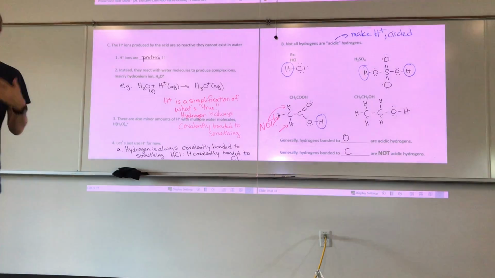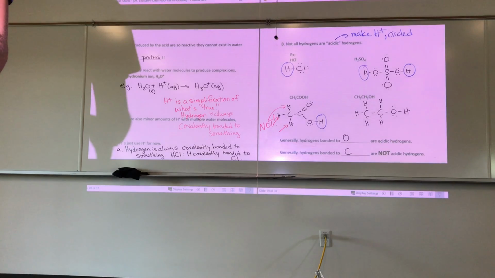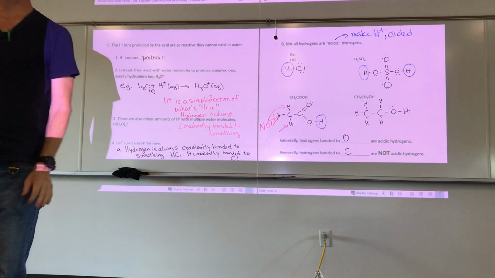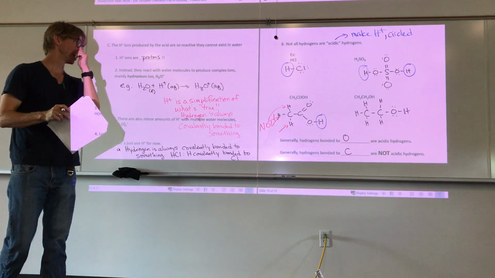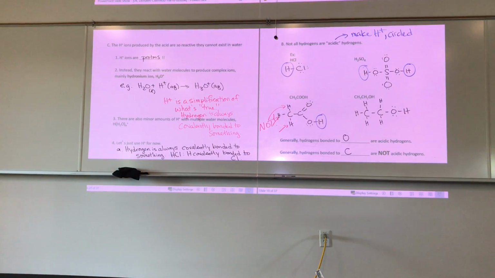Now, to answer your question, what if there's no water around? So it's out in the atmosphere, it's in space. There's one place where H+ can exist, the center of stars. But let's just assume we're not there.